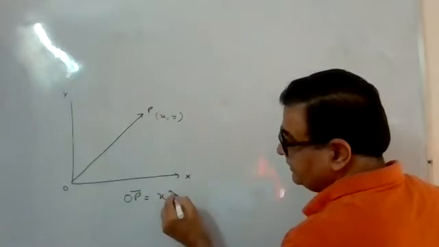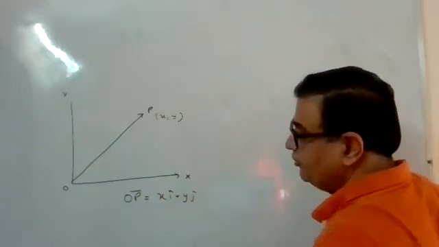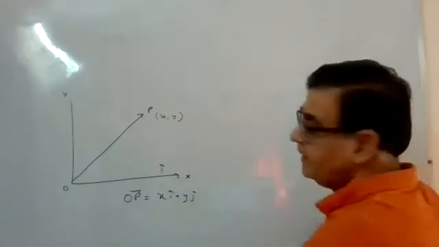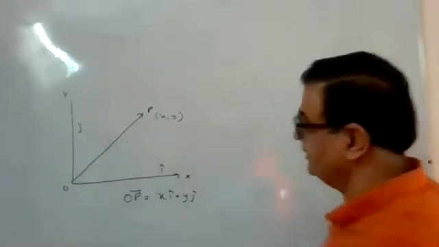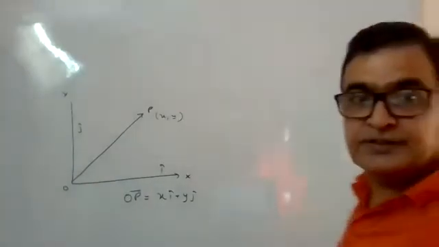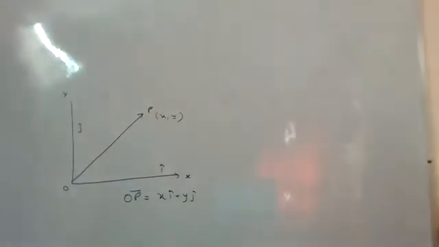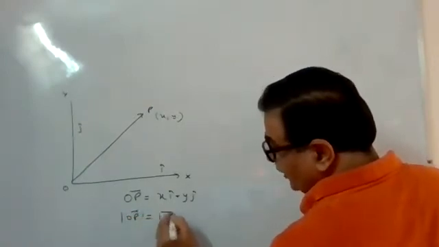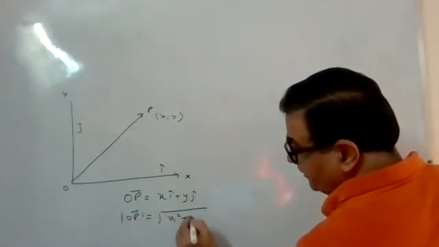That will be xi plus yj, where I told you i cap is a unit vector along the x-axis and j vector is the unit vector along the y-axis. Then I told you the magnitude of this vector OP is under root of x square plus y square.